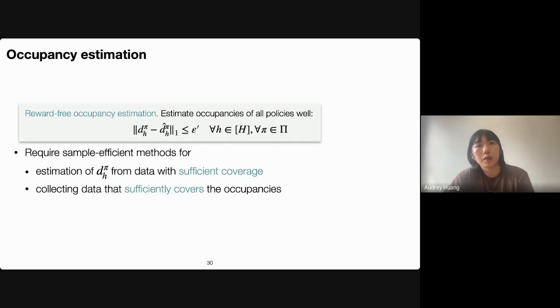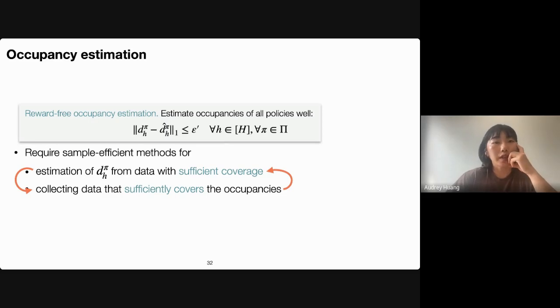This also hints at one of the fundamental challenges of our problem, which is this sort of bidirectional relationship between these two components, where we need exploratory data to estimate the occupancies, but in order to collect this data in a sample efficient manner, we'll need information about the occupancies themselves. And if we don't interleave these two components well or analyze the resulting algorithm correctly, it'll be very easy for the error to exponentiate because of this cycle. And I'll go more into detail about that later.